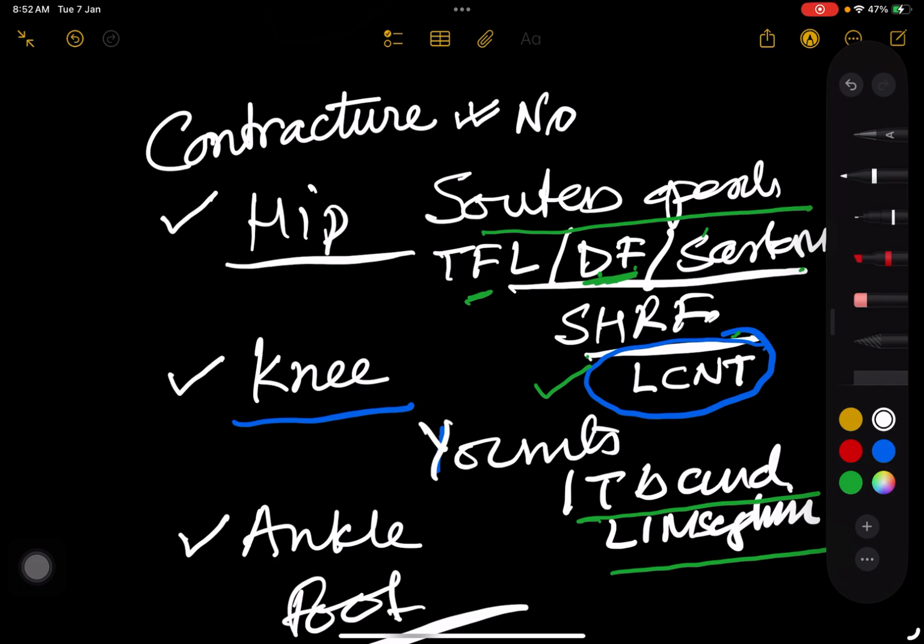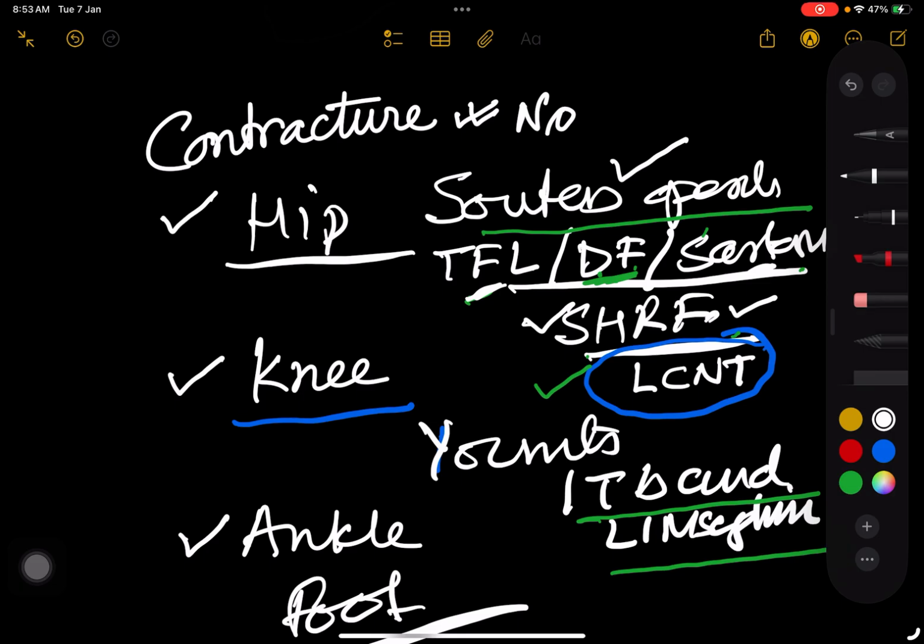On the hip, you do what is called Soutter's operation. You make an incision from the anterior superior iliac spine downwards. On the lateral side is tensor fascia lata, on the medial side the sartorius. You divide the tensor fascia lata, you divide the sartorius, you divide the deep fascia attachment to the inguinal ligament, and you also divide the straight head of rectus femoris, which is arising from the anterior inferior iliac spine.